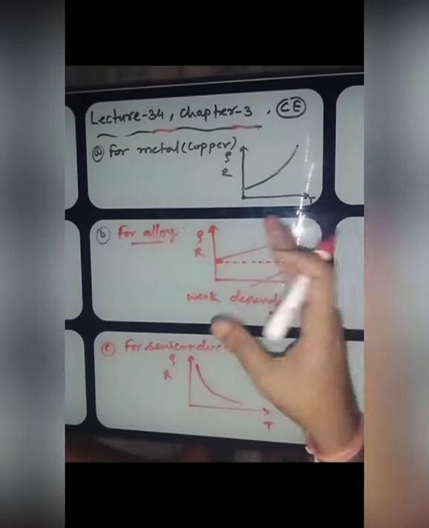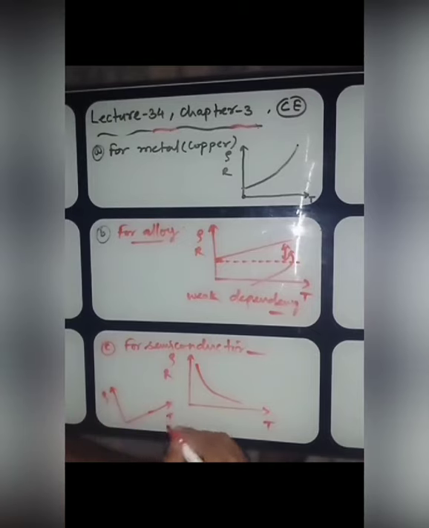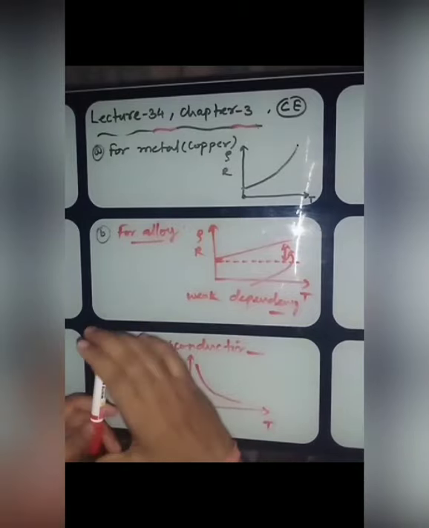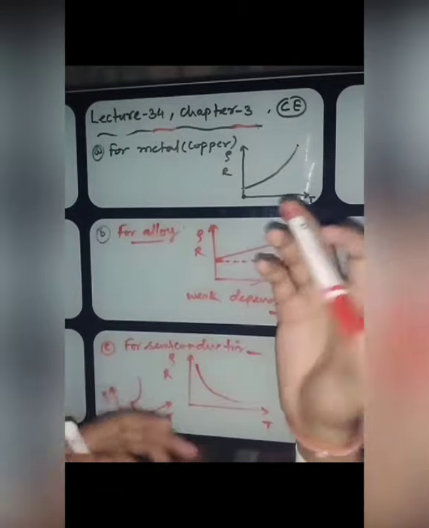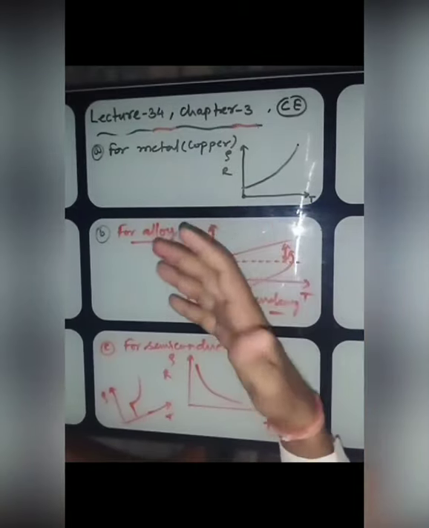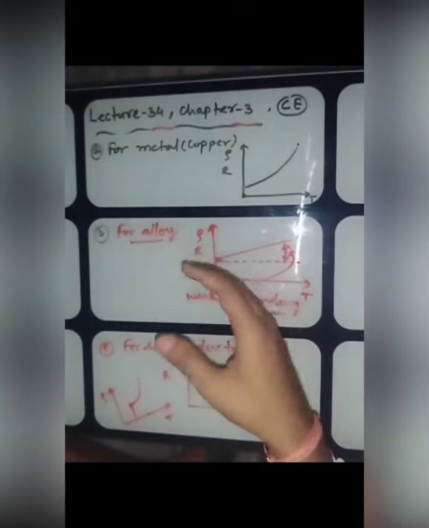You don't have to study the superconductor, otherwise the graph for the superconductor will look like this one, rho versus T. You will find it goes like this, but you don't have to study it in your syllabus. So this is how resistivity and resistance depend upon the temperature, which we were discussing.